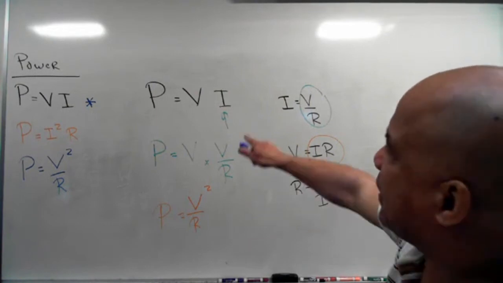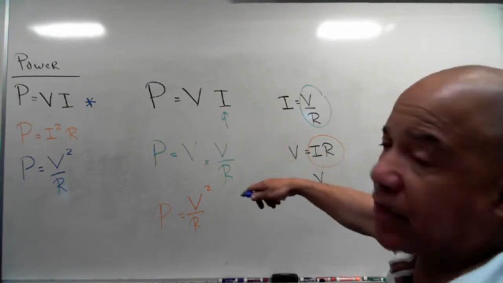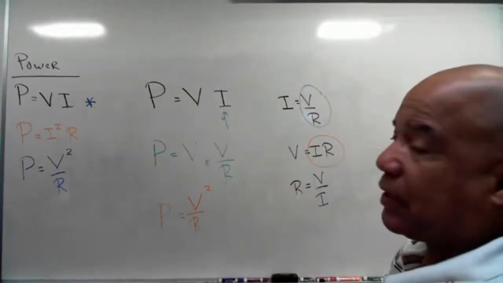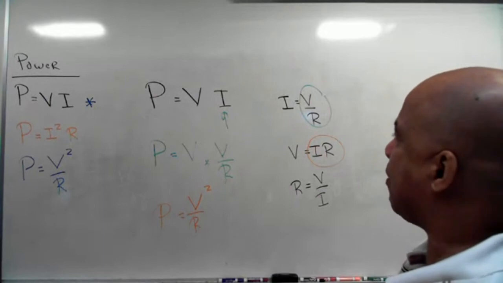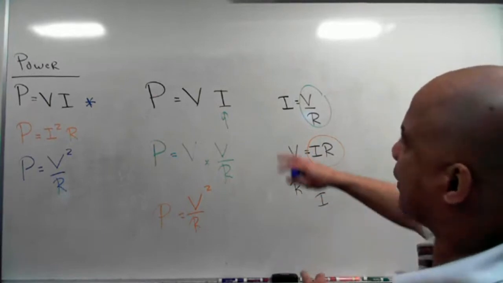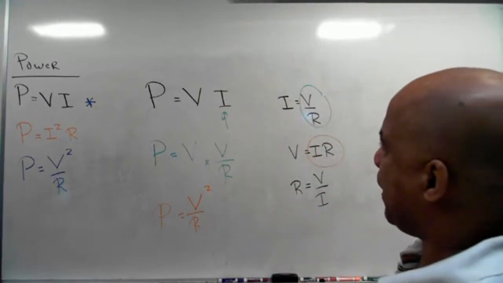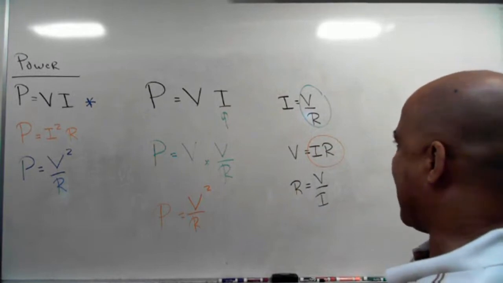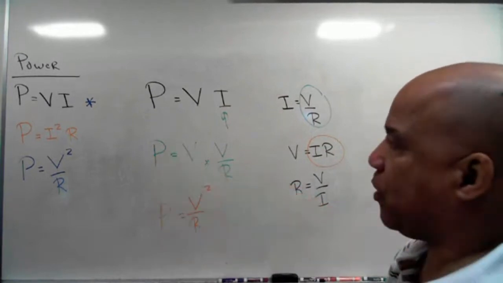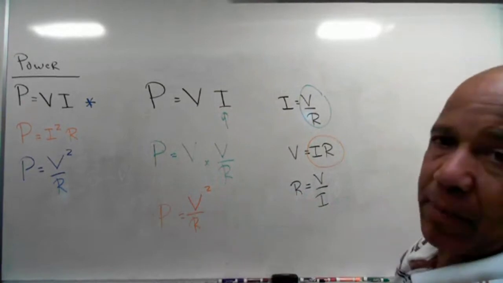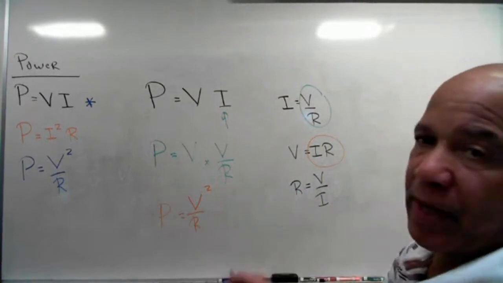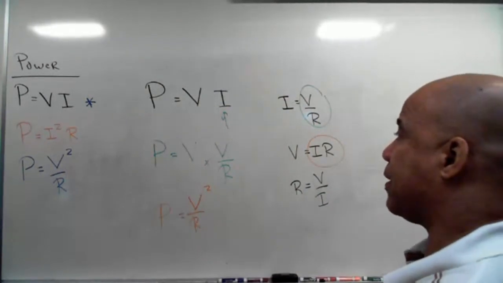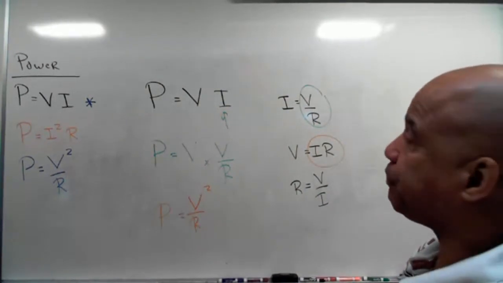Then we figured out that if I take the product of V and I, we still get joules per second. So the product of V and I really does give me power because the units work out. And then we used Ohm's law on that basic power equation, P equals V times I. We did substitutions on V, we did substitutions on I, and we were able to come up with those other two equations. Now we have a way to calculate power, no matter which two of the big three, voltage, current, resistance, I know.